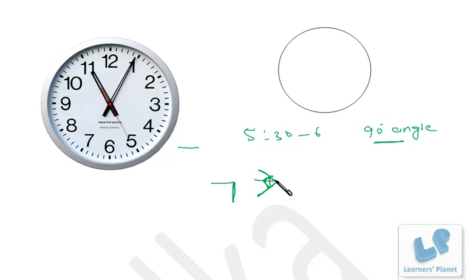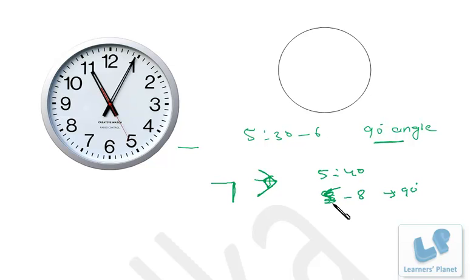Now listen to me very carefully. I just take, say, suppose 5:40, right? So the hour hand will be at 5 and the minute hand will be at 8. Okay, so 5 and 8. The difference is 90°. But what is happening over here? When the minute hand is at 8, the hour hand cannot be at 5.